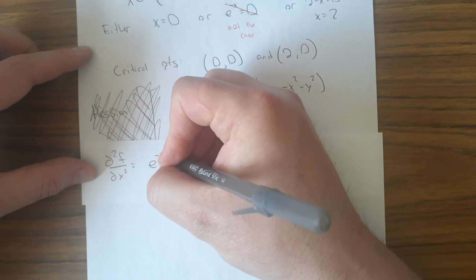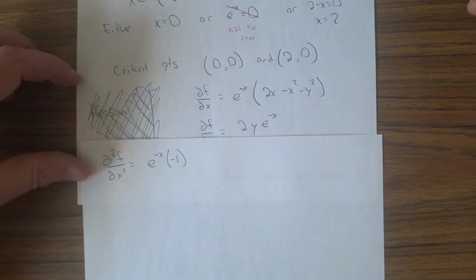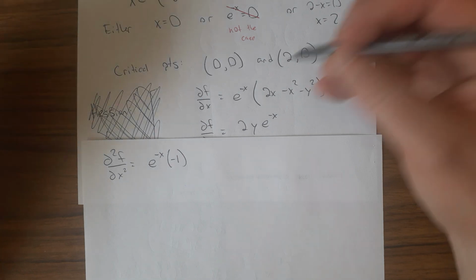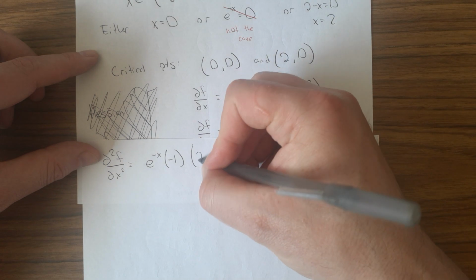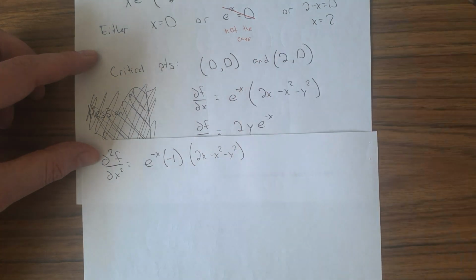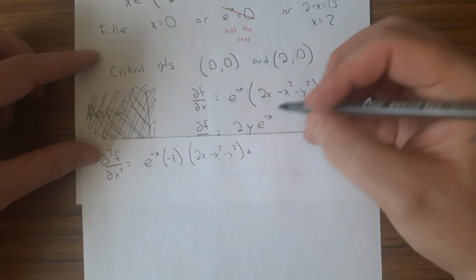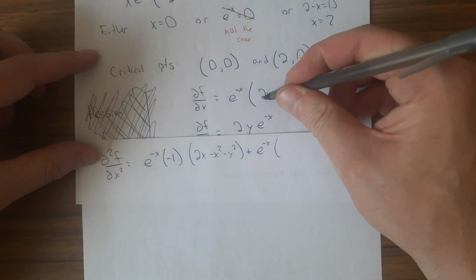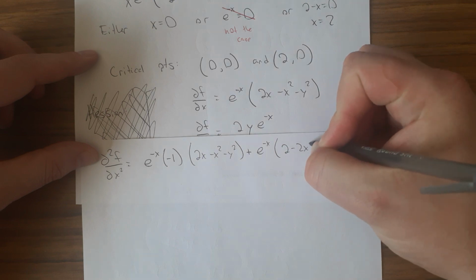The derivative of e to the negative x is e to the negative x, and I have to multiply by the derivative of the inside, which is -1, because I'm doing the derivative with respect to x, times the second part, which I leave alone because I'm doing the product rule. Plus e to the negative x times the derivative of this with respect to x, which is 2 minus 2x.